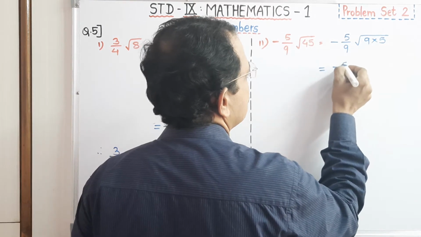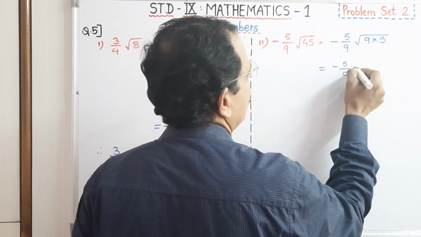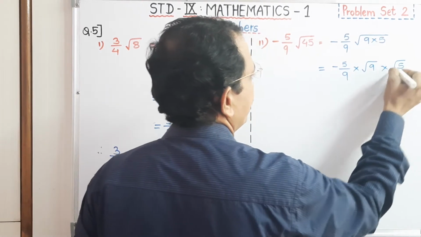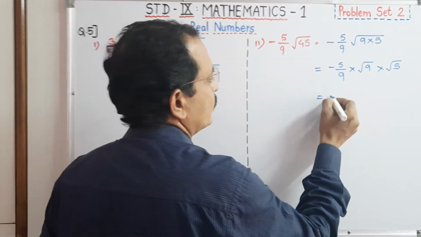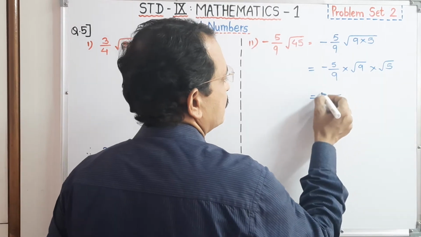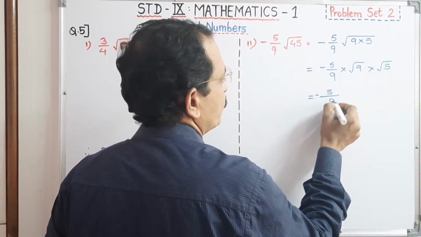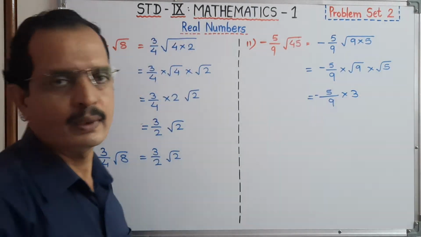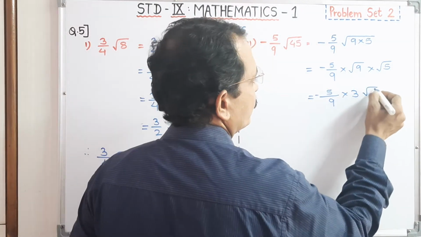Therefore minus 5 upon 9 into root 9 into root 5. Now take out the square root of this. It is minus 5 upon 9 into the square root of 9, which is 3, into root 5.